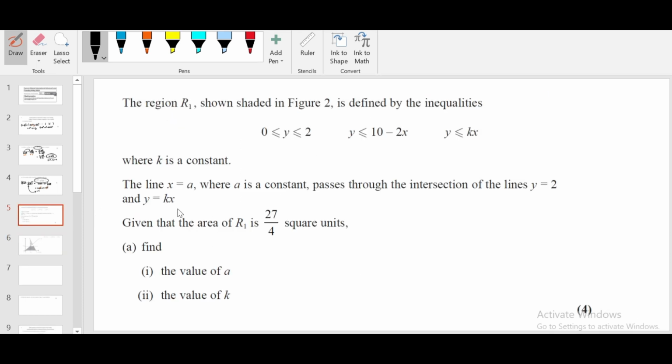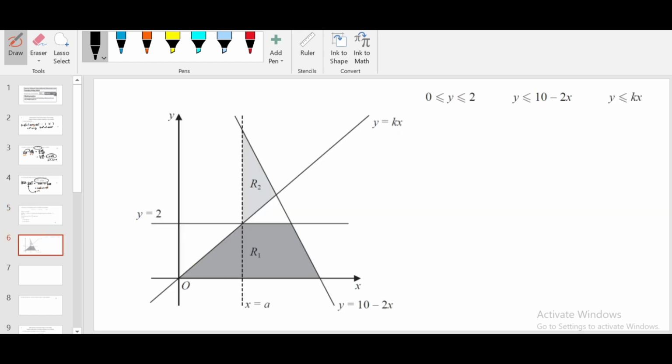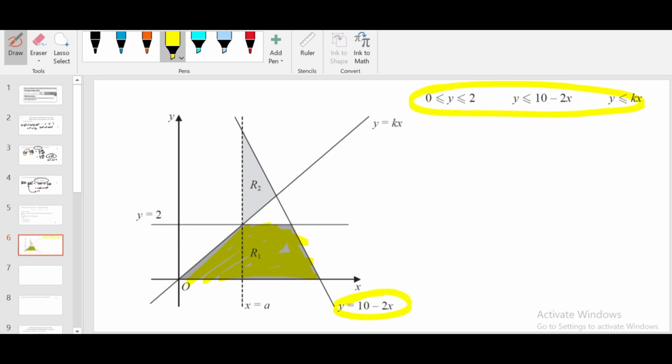Question number 7 says the region R1 shown shaded in the figure is defined by these inequalities. I put the figure in the next slide. They are talking about this R1. This region is defined by these inequalities. There is a straight line, y is equal to 2, and y is less than kx.